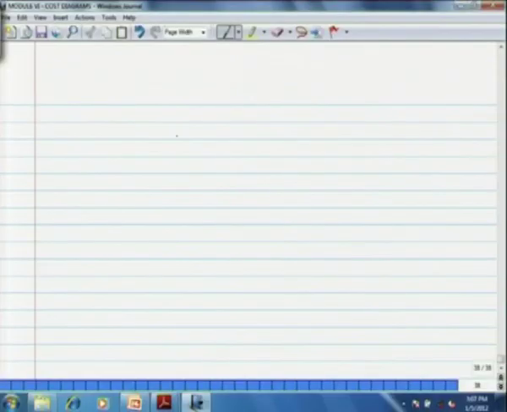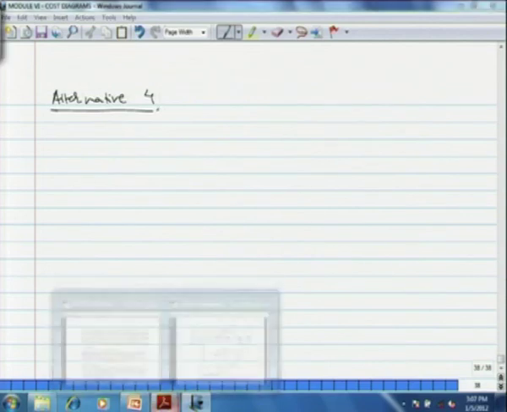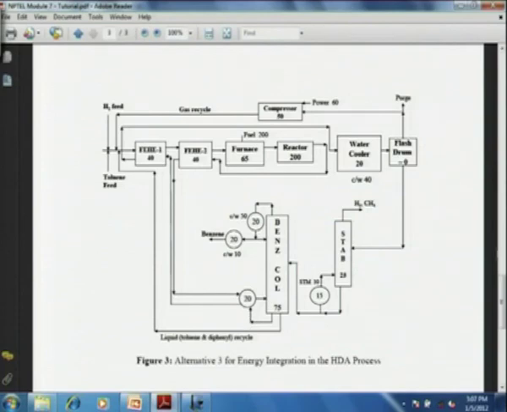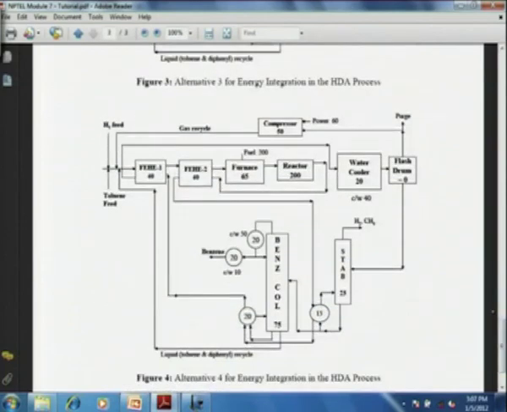For the fourth one, I am directly going to give the lumped cost diagram. In the fourth alternative, we have 4 exchangers integrated, FEHE1, FEHE2, then reboilers of both columns.